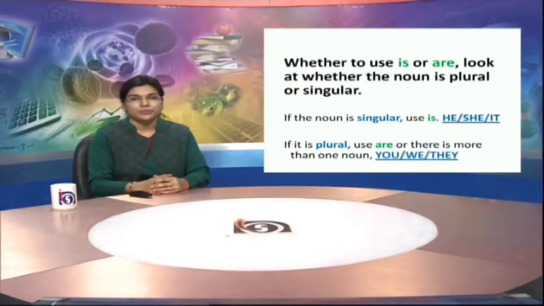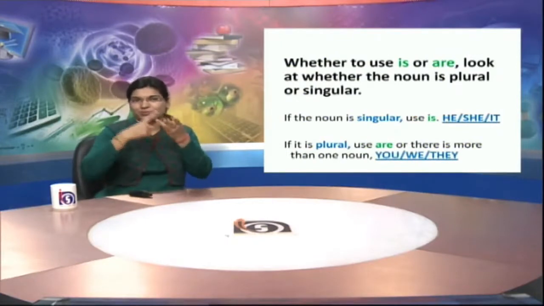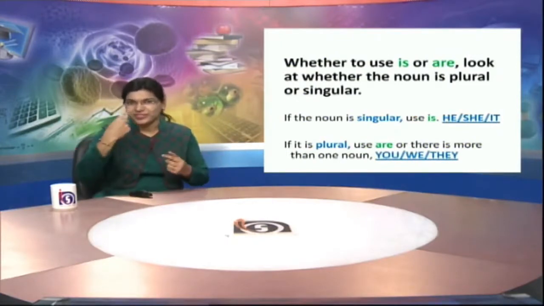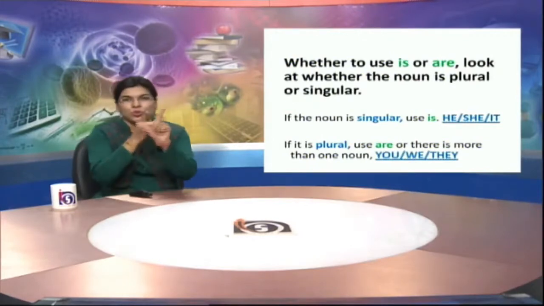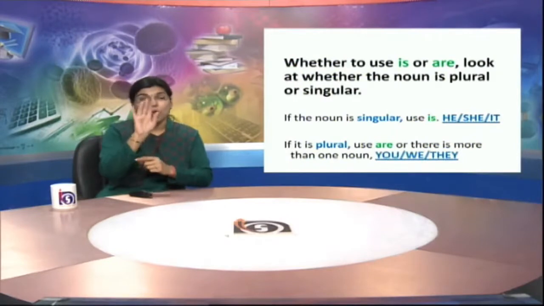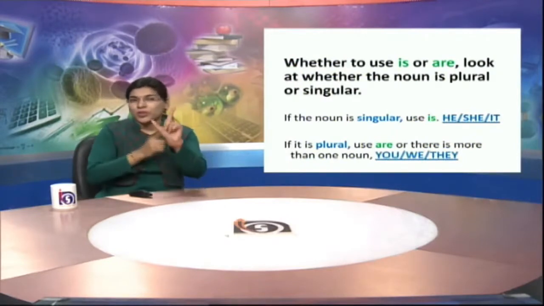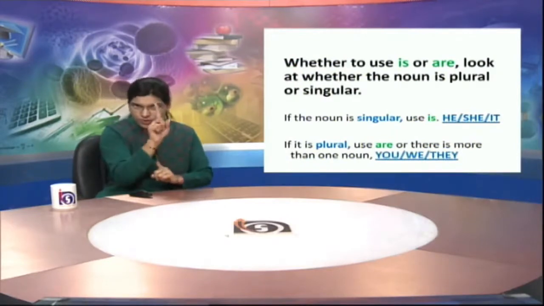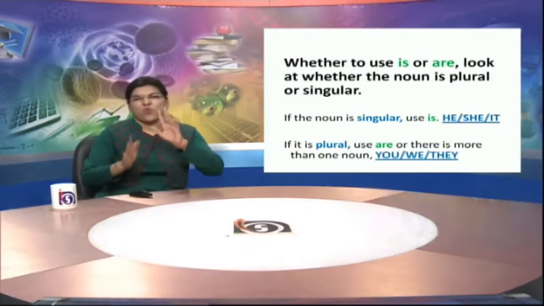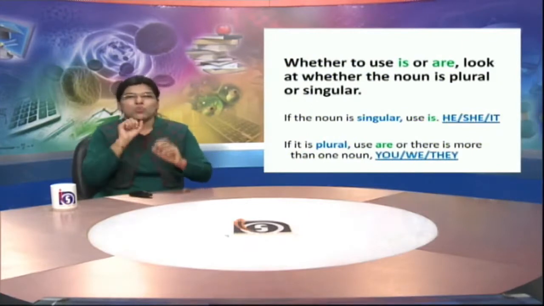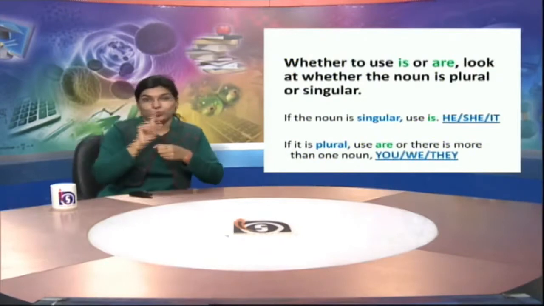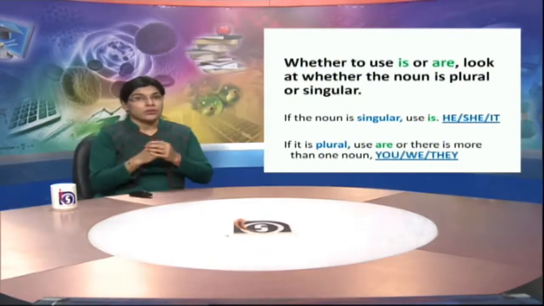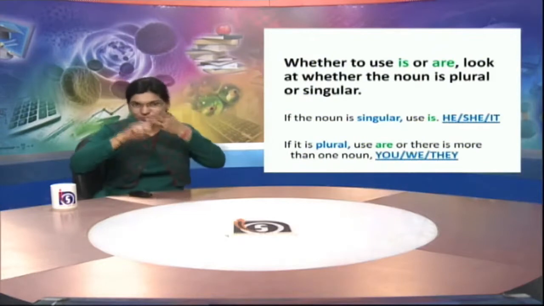And if it is plural, use are. It is used for two or many, or when there is more than one noun. You is singular, but you can be used for many people also. So you, we, they. Be careful not to use is with you a lot of times.